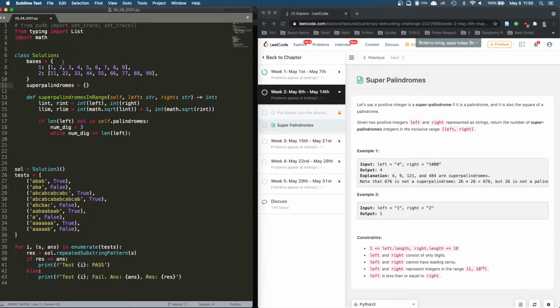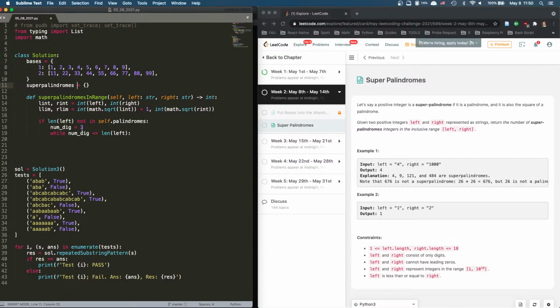And then we populate the bases, and for those bases, we find the super palindromes, and then we populate the super palindromes. Then we find from left and right, we count how many are in each one of them, and then we have a result.